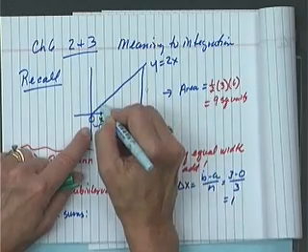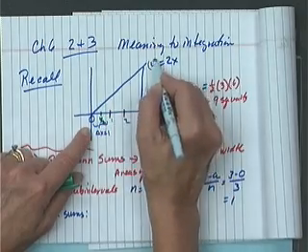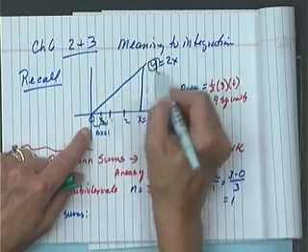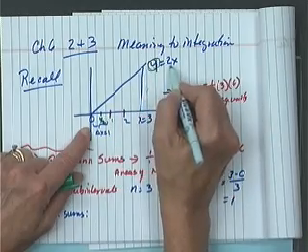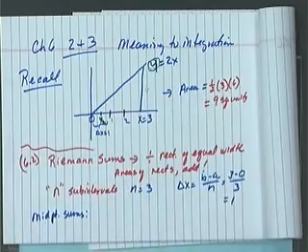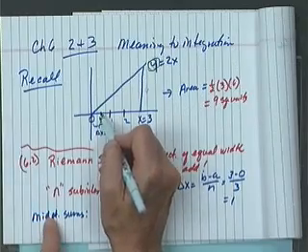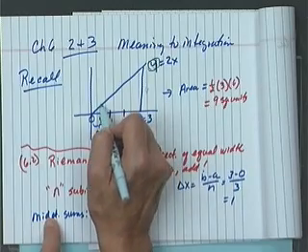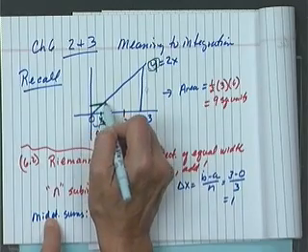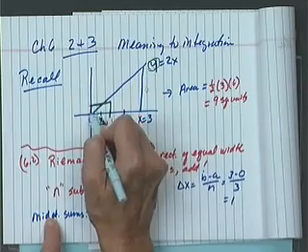And I'm going to go up here and get on the line y, and find out what the y value is when x is a half, because this is going to give me the height of my rectangle. The y value is the height. So I'm going to the midpoint of my interval, and I'm going to get the height. And I'm just going to draw a little line straight across.